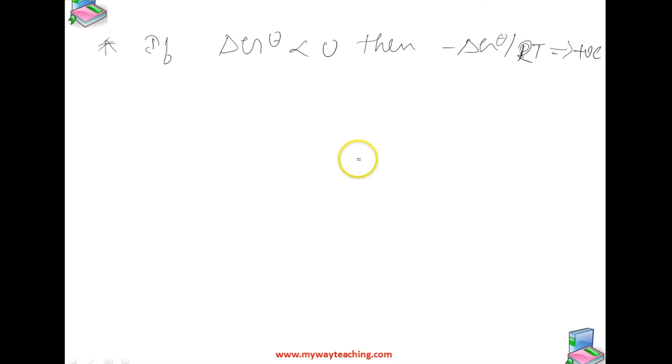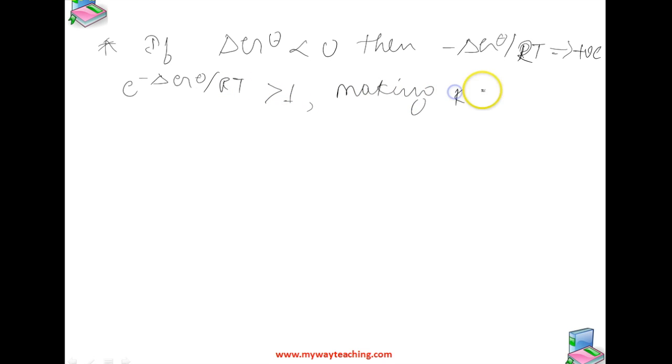Okay. Hence, using the equation for K, the reaction spontaneity can be interpreted in terms of delta G. Now, if standard Gibbs energy is less than 0, then minus delta G by RT is positive, and e raised to minus delta G by RT is greater than 1, making K greater than 1, which implies a spontaneous reaction, or a reaction which proceeds in the forward direction to such an extent that the products are present predominantly.